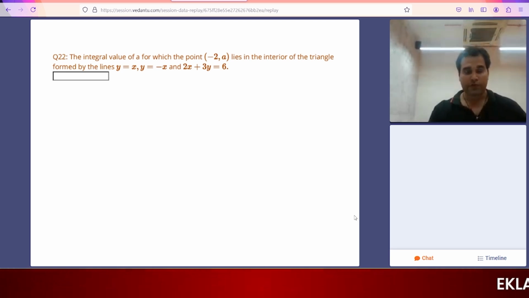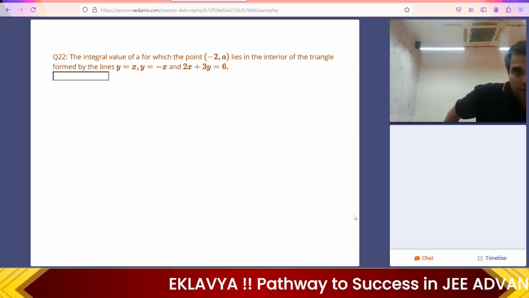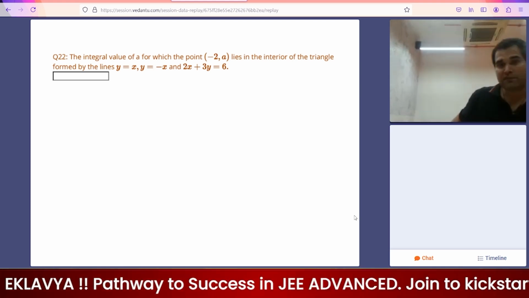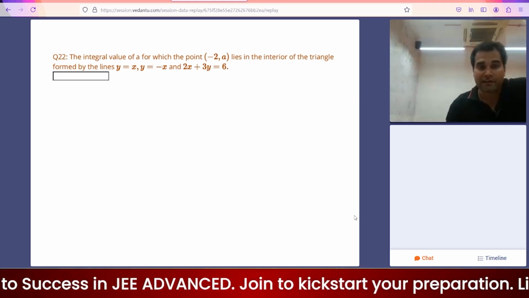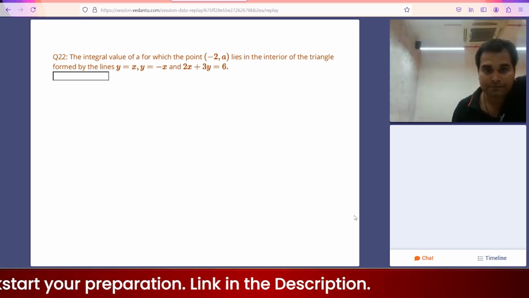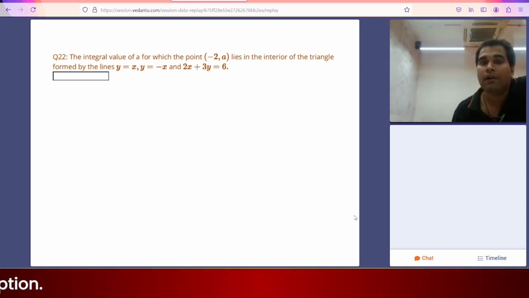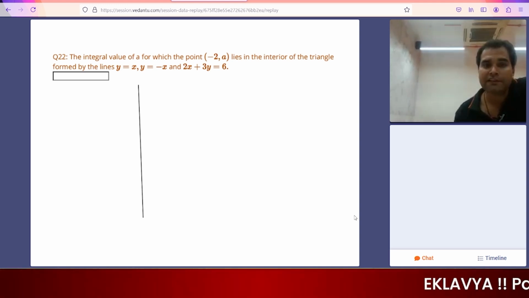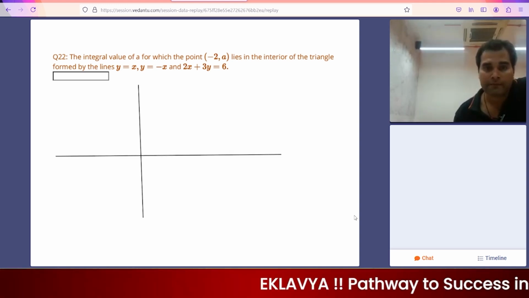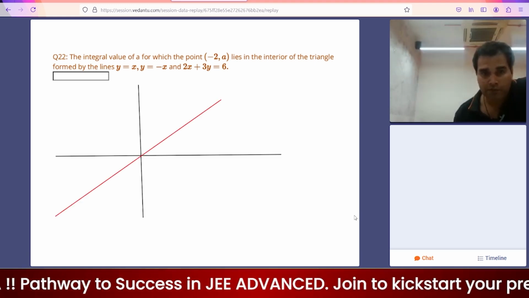Next question, question number 22. The integral value of a for which this point lies in the interior of the triangle. Now let's draw the triangle for this given question. Here the x-axis and y-axis, and this is the line y equal to x.